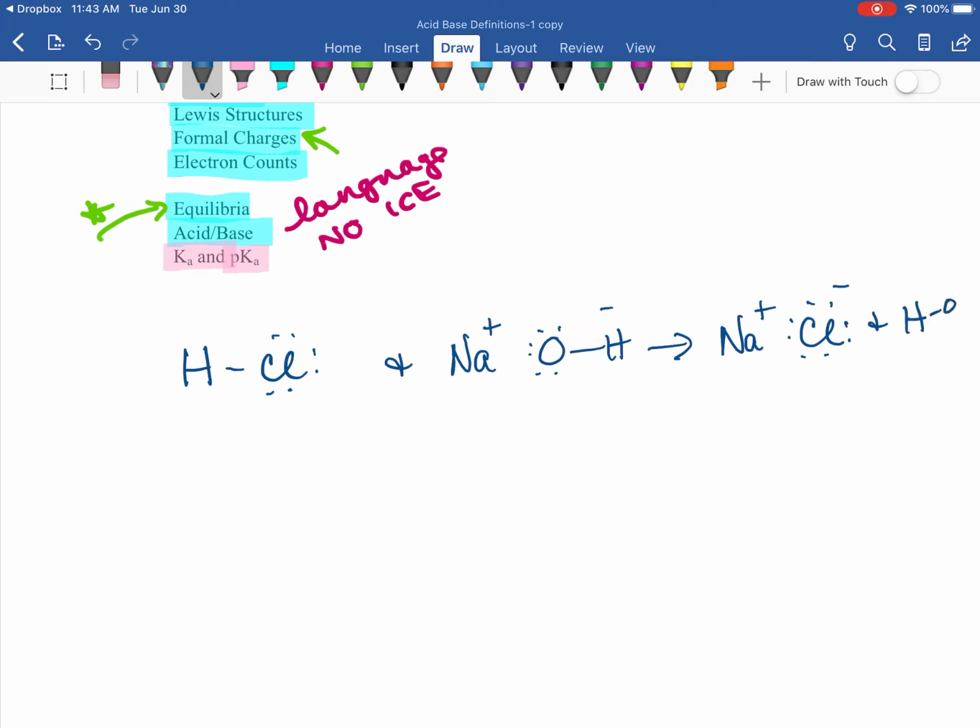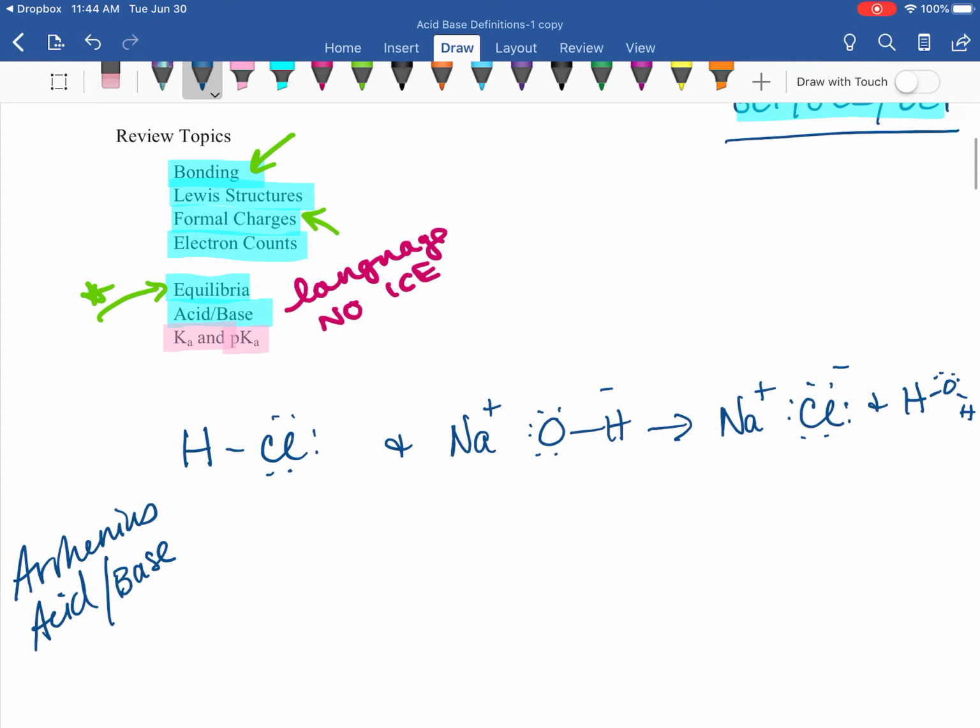Now this is one of our traditional, very early on acid-base examples. I love it. It is in fact going to be our first definition of an acid and a base, and we'll define that as an Arrhenius acid and base. We're going to use this equation to actually define that Arrhenius acid and base. And then I also want to define our mechanism.